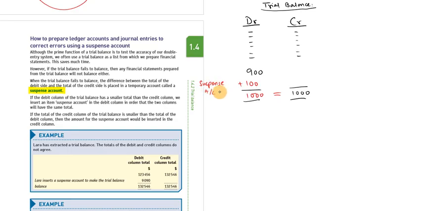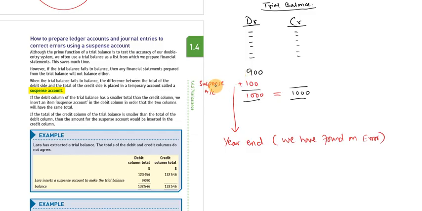So what is the purpose behind opening a suspense account? It means at this time we are unable to detect an error, but maybe at year end we find an error. If we find the error, then this suspense account will automatically be removed.